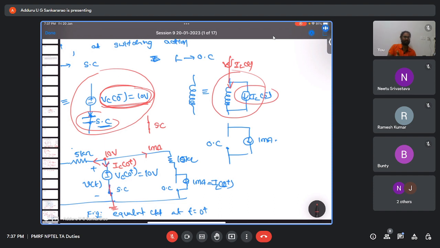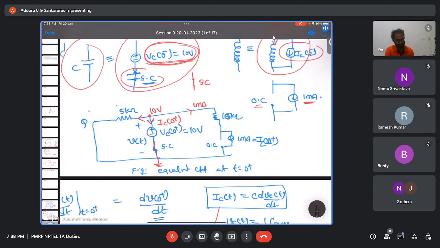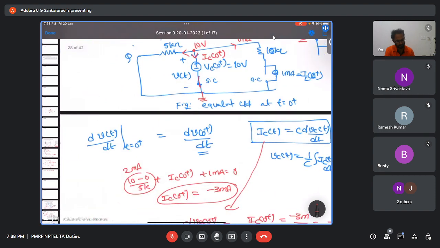Till the switching action, there was some current flowing, and after switching action, there is the total current. So that's why I kept it in parallel. So we replace with an open circuit and a parallel current source.